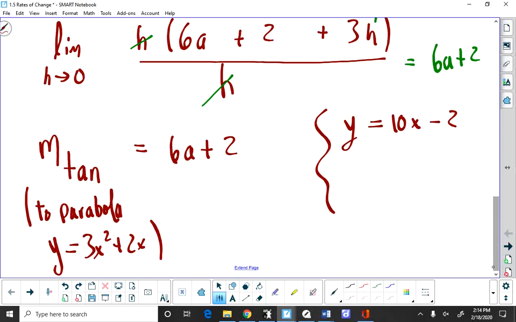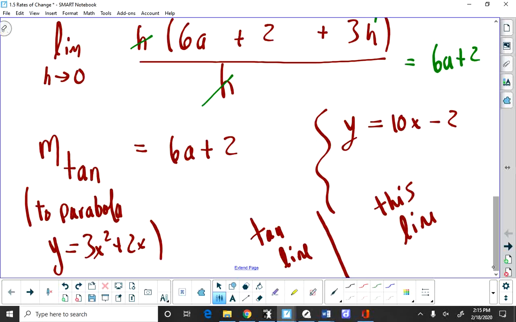And what we want to happen here, Malia, is we want the tangent line and this line to be parallel to each other. Okay?